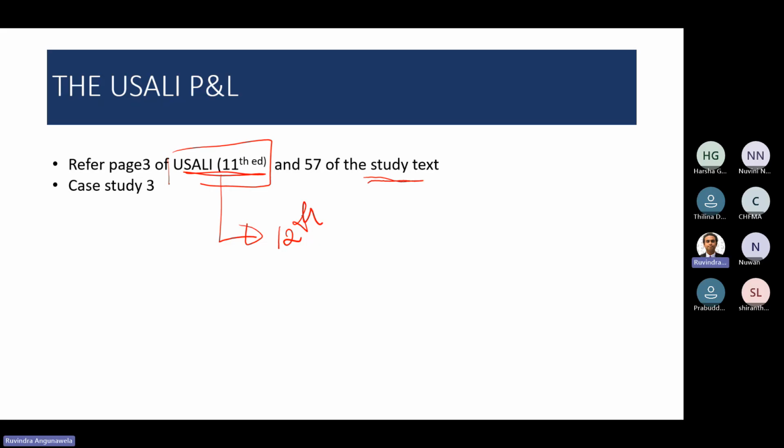The other thing to note is that some of the things that I discuss in class are not there in the study text. Therefore, you are free to take notes of the important points, right? I will not dictate the notes, but if it is an important point, I will repeat that.